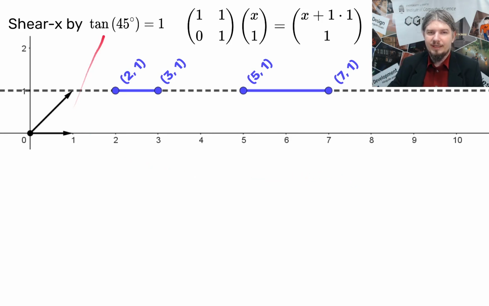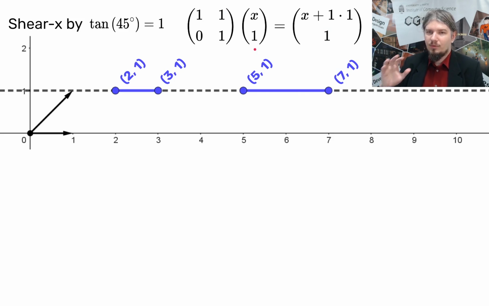We can define it by the tangent of 45, but we could also say that it's by 1 unit. We put 1 up here because it's shear x now. We move everything parallel to the x-axis. And if we do this calculation, we can see that it's x plus 1 times 1. So x plus 1, and the second coordinate stays 1.